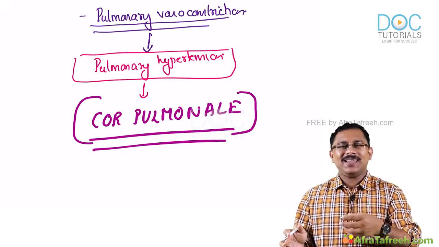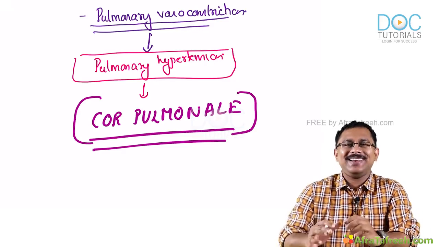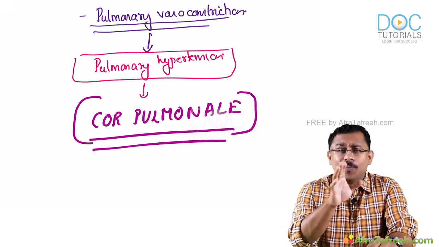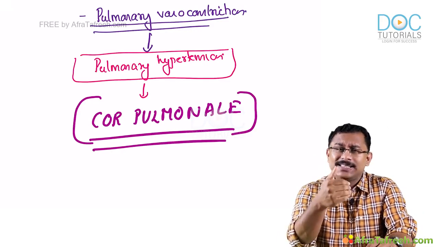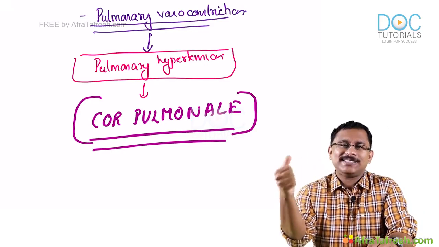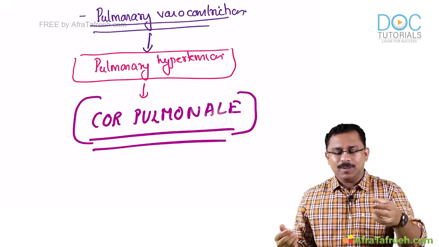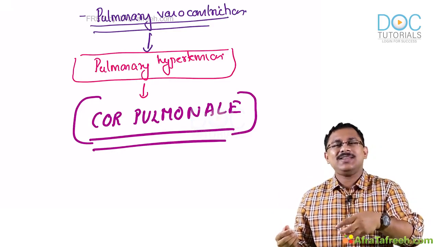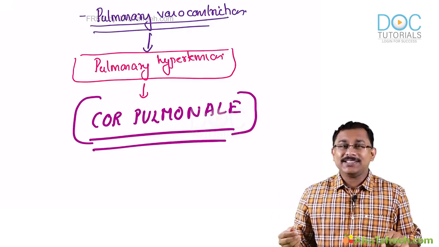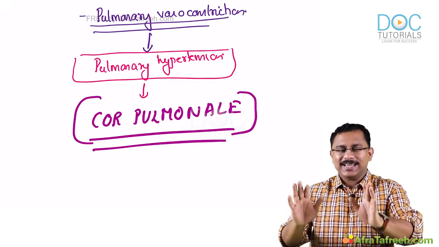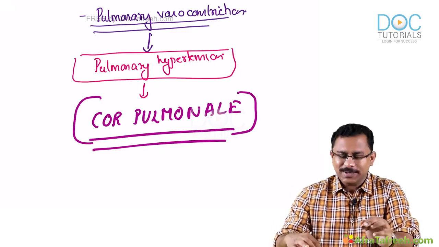You've got pulmonary hypertension, you've got cor pulmonale. Which means that COPD or emphysema is a disease that will gradually progress. Not only is it affecting the lung parenchyma, it has its effect on the vasculature as well. Okay. Very clear up to this much.